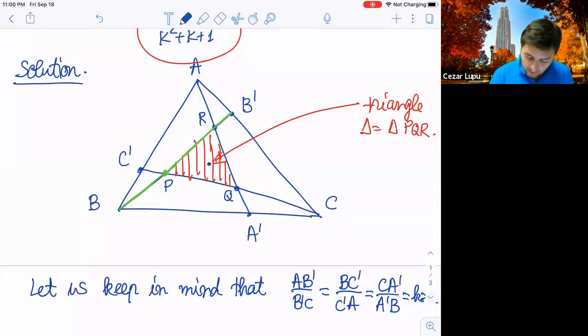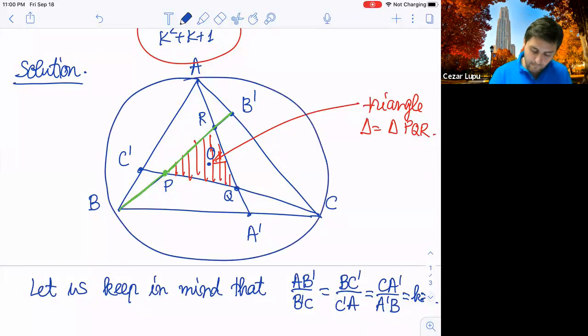I'm going to consider here the point O, the origin of the axes. Imagine this is a circle.